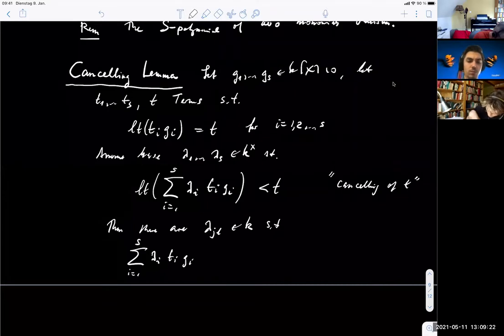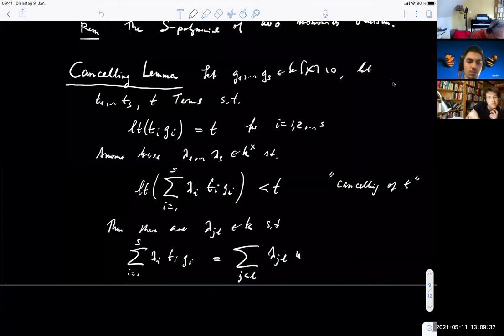So I rewrite this as a linear combination over J and L, let's say J less than L. I have my coefficients lambda JL. And here I have certain multiples of my S polynomials. UJL I define in a second.